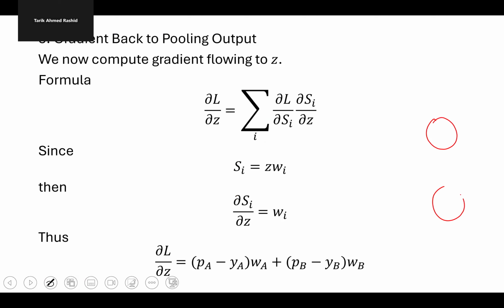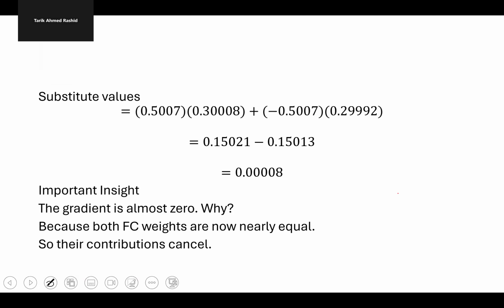These deltas for A and B will be summed up here, multiplied by their weights, and this one multiplied by its weights. So that's how we get the result, and we found the result 0.00008.